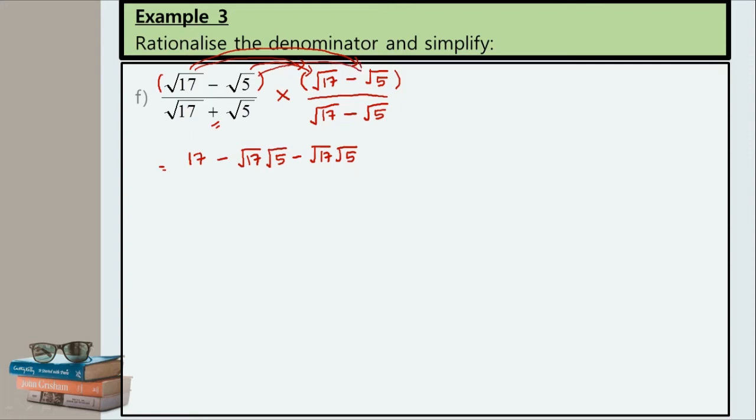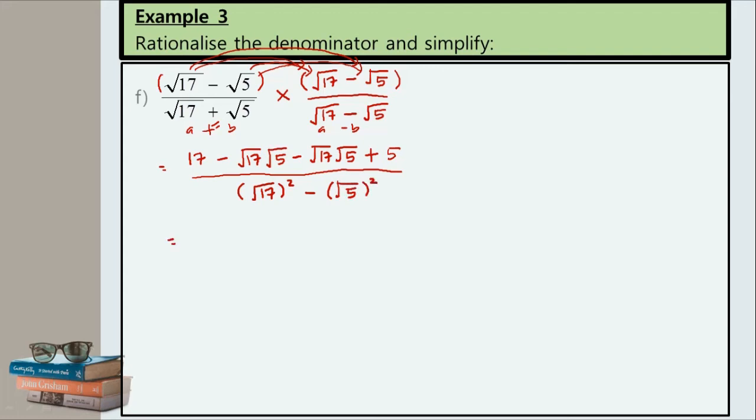Negative surd 5 times negative surd 5. Negative negative positive, surd 5 times surd 5, 5. And then divided by, okay, same like before, A plus B, A minus B, so we will have A squared, so surd 17 squared minus B squared, B surd 5 squared.